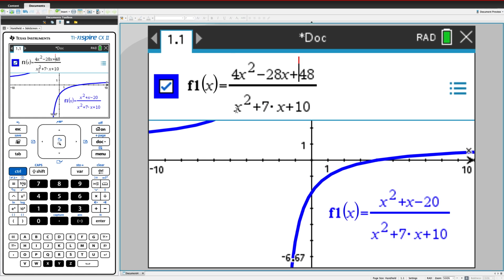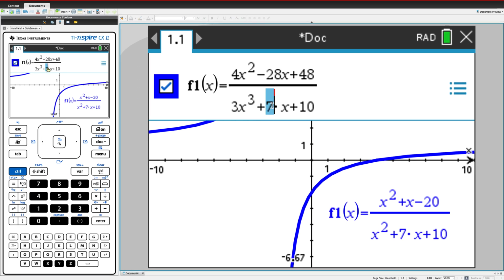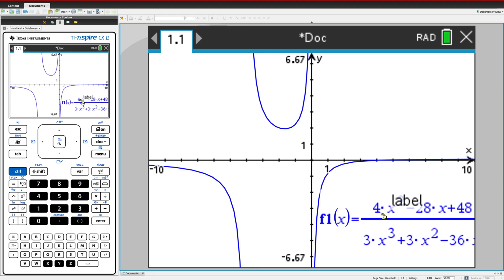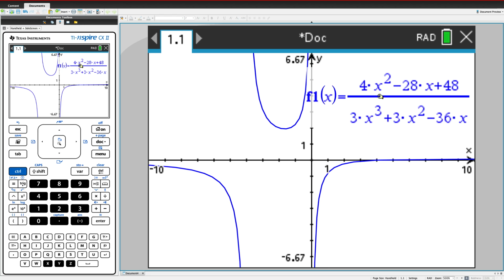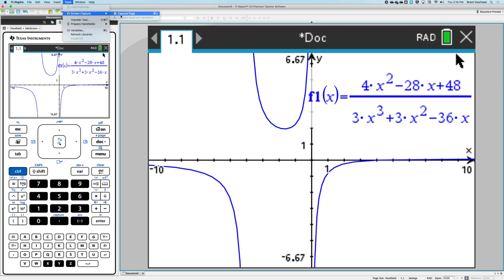And then on the denominator, it was 3x cubed plus 3x squared and it's minus 36x. So there's our equation. I graphed that. Can't quite see the 48, so let me bring that in just a tad. Put it up here. So there's our graph, and I'll take a picture of it and we'll load everything to the page.